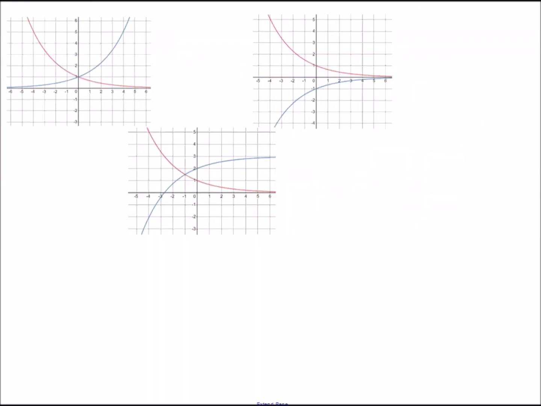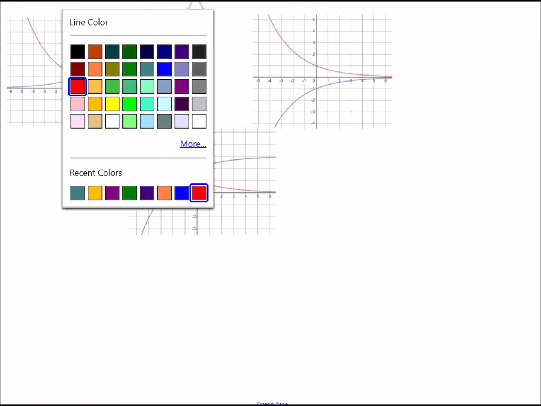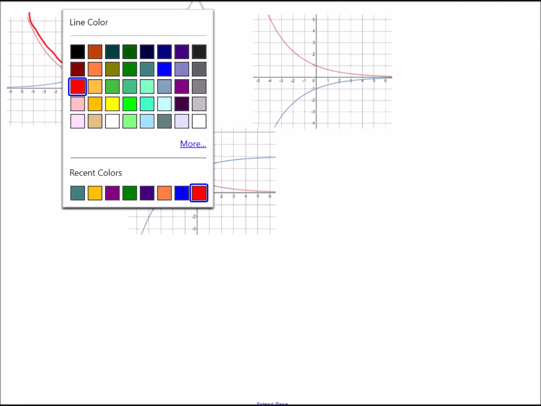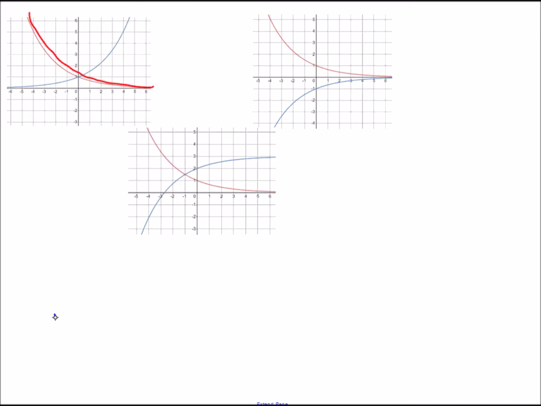Okay. Let's look at these ones. So this first one right here, obviously the red is the original. Should have probably done it in red. Red is the original again. This new one, this blue one, I look at it and I can see right away that it's been reflected, right? It looks the same, it's just been put on opposite sides.